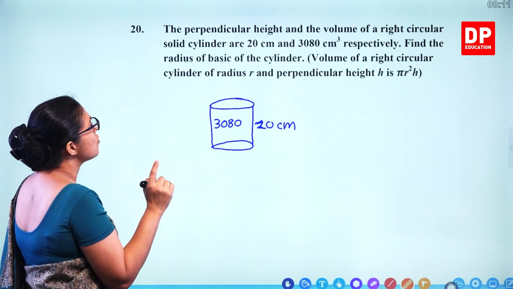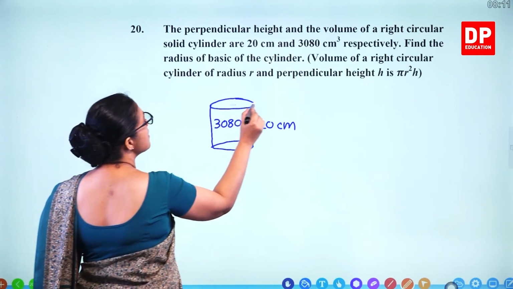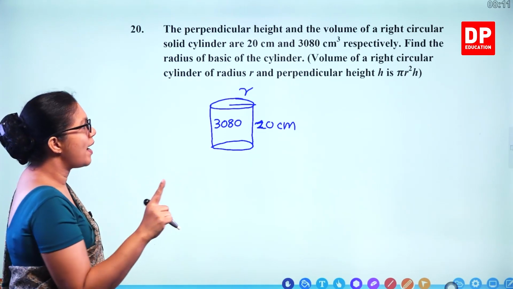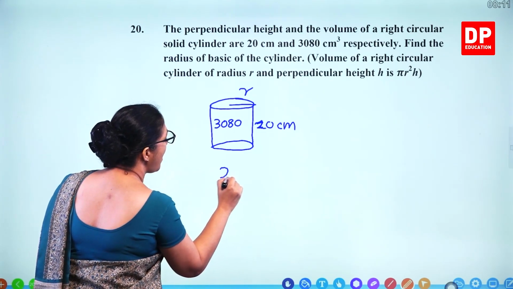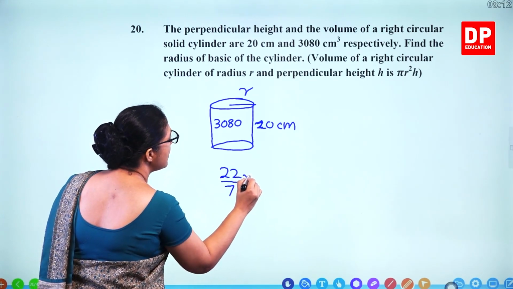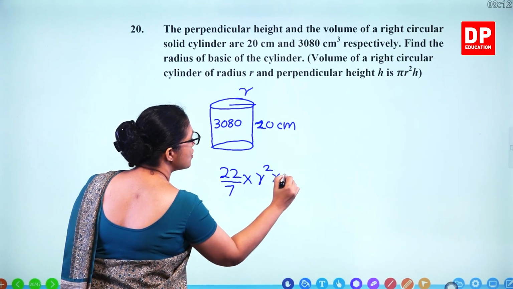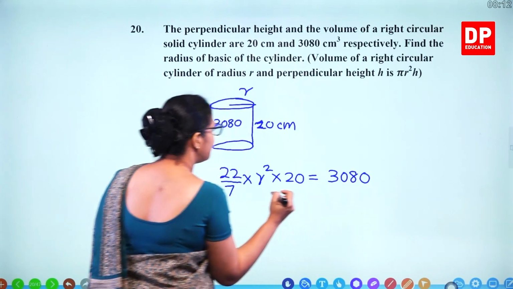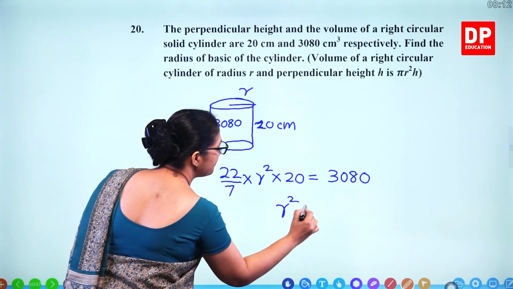Find the radius of the base of the cylinder. So we'll put r for that. What is the volume? Pi r squared h. Pi we can take 22 over 7, r squared, h is 20. That's equal to 3080. So what's r squared?